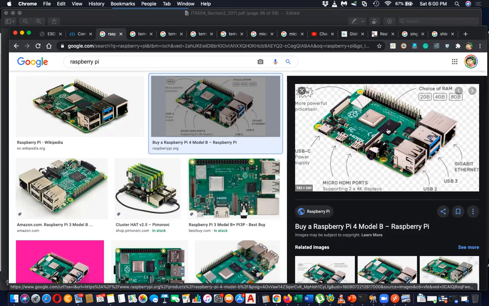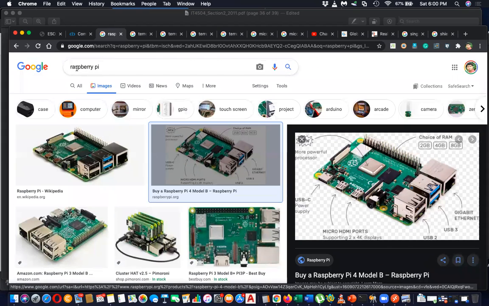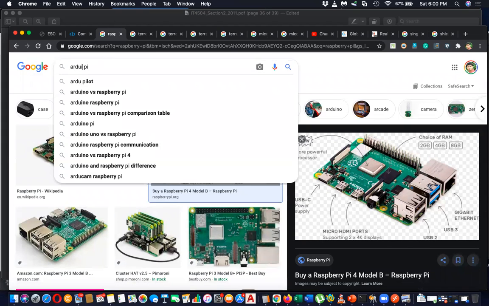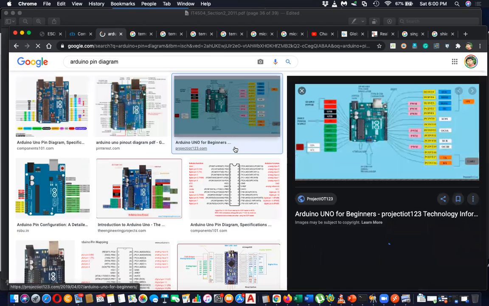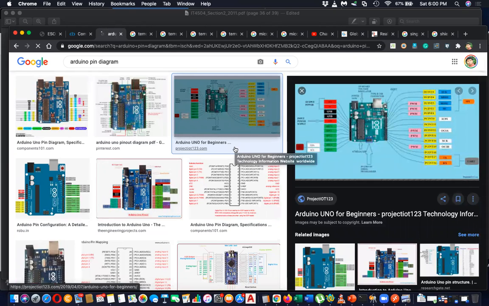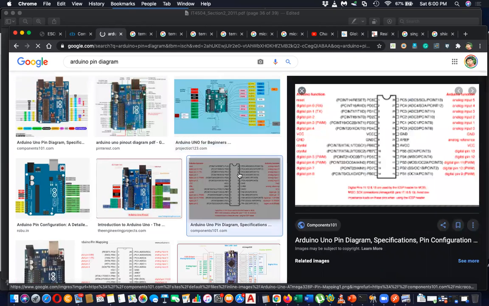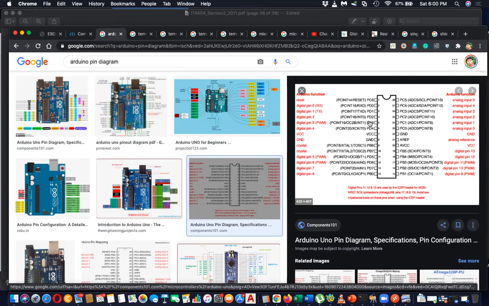In this memory chip you can install operating system. This is a micro SD. But you can install operating system. I have one, I can show you next day. Right? And Arduino also, here you can see the pin diagram basically. This also has general purpose pins and VCC, VDD.